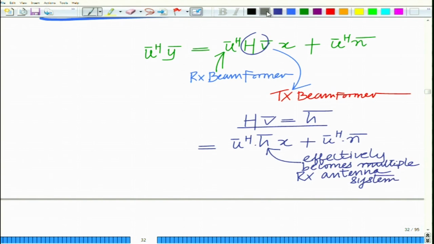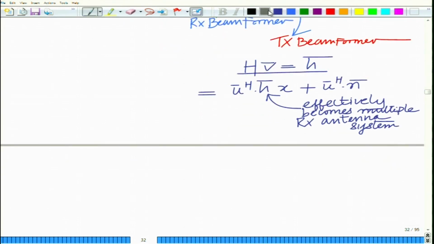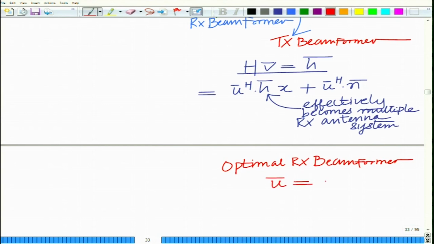Once it becomes a multiple RX antenna system, now you know what is the optimal beamformer U bar. The optimal RX beamformer for this multiple antenna system is the maximal ratio combiner, that is U bar equals H bar divided by norm H bar.